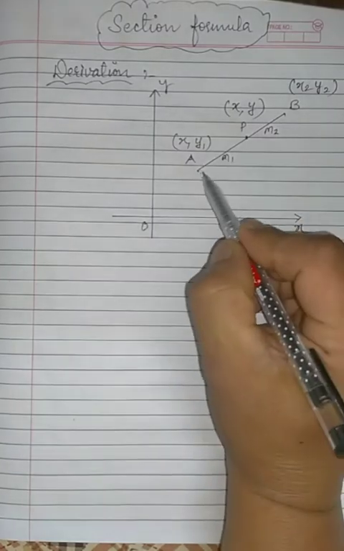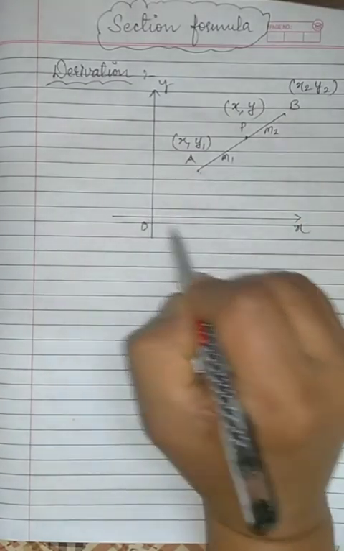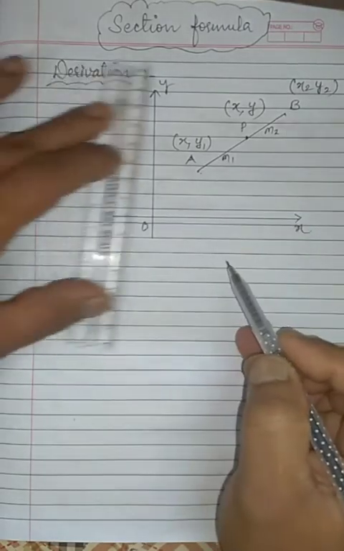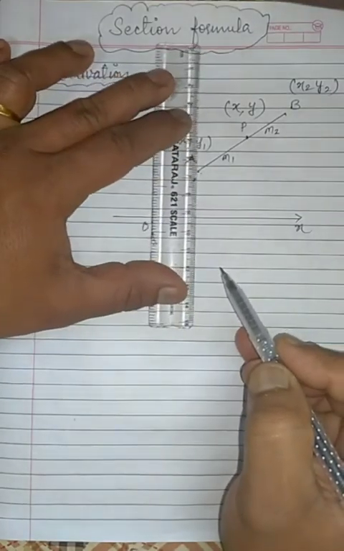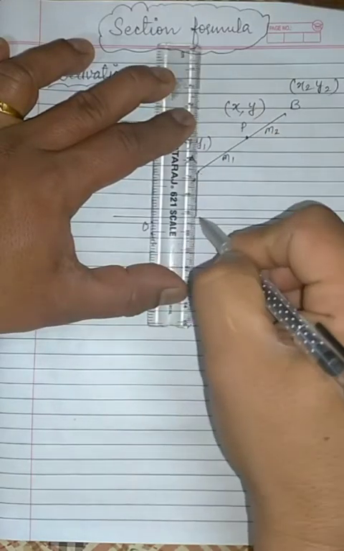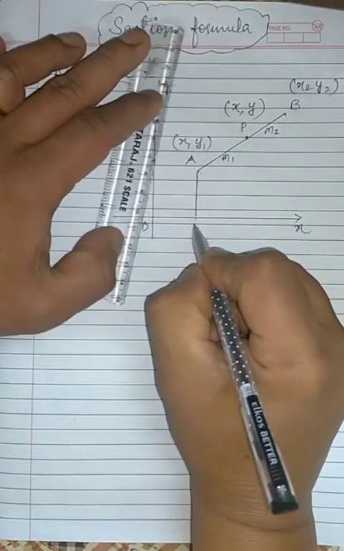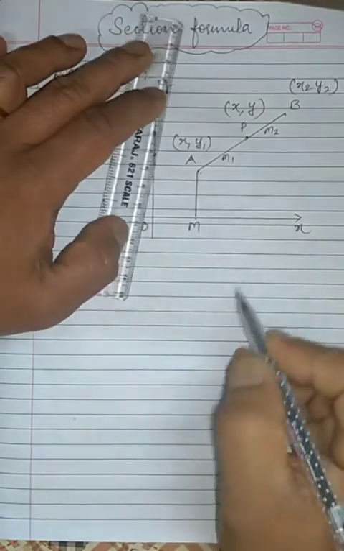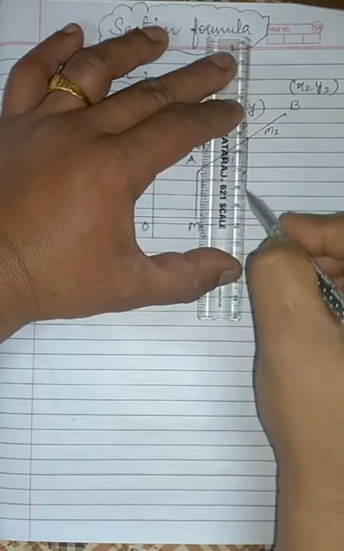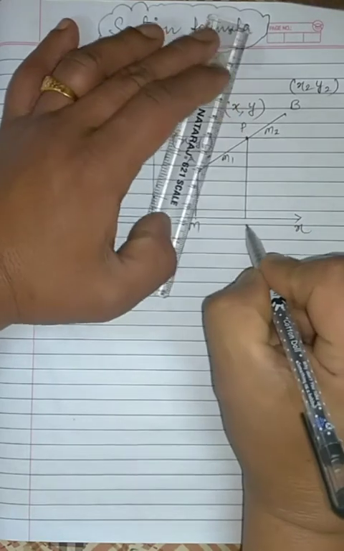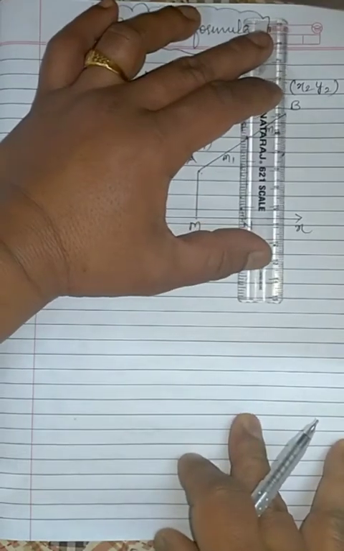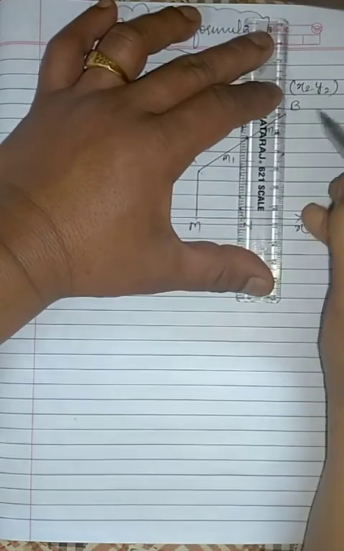Now let's draw a perpendicular on the x-axis from all 3 points A, P and B. Let this be M, let this be N, and a perpendicular from B also.